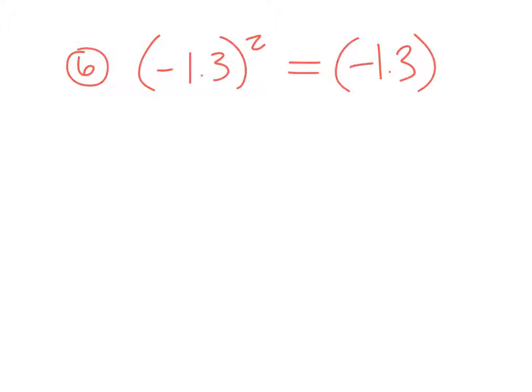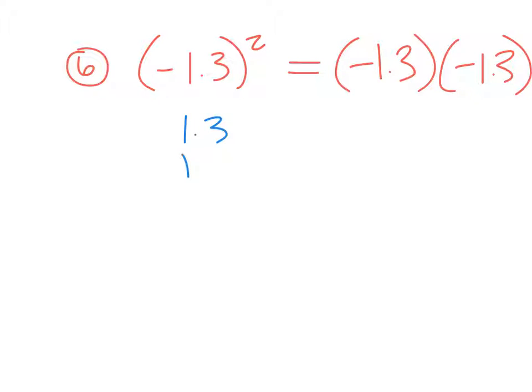All right, number 6. Oh, here we go. So we have negative 1.3 squared. Perfect example. So on your calculator, I would put open parentheses, negative 1.3, close parentheses, and then square it. But you can do it by hand just as fast. So this is the same as saying negative 1.3 times negative 1.3. Negative times a negative is a?